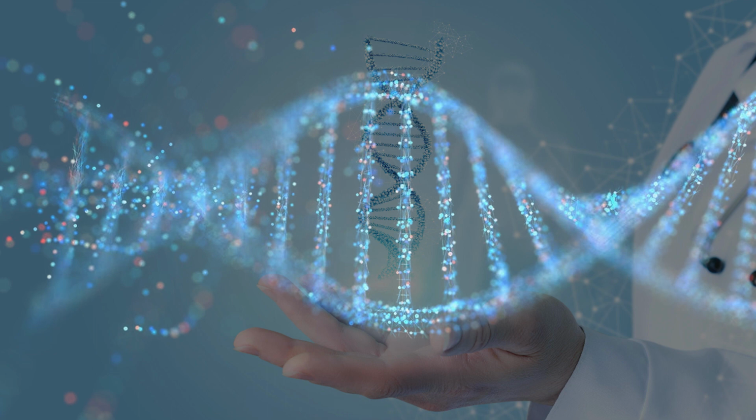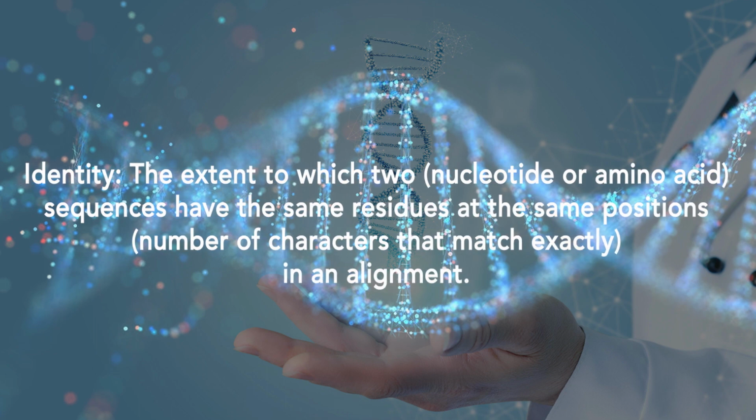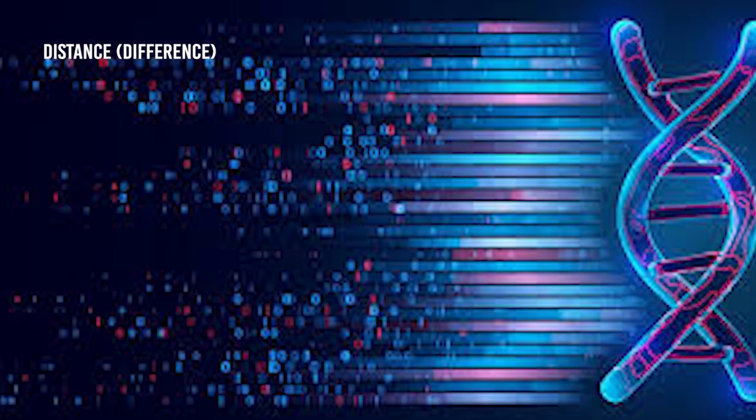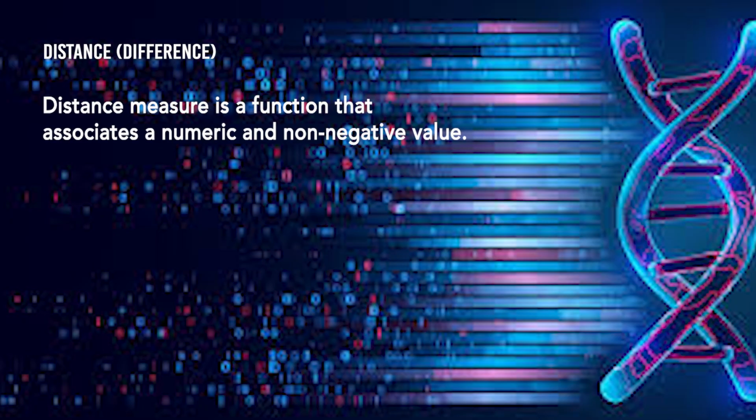The next point is identity, the extent to which two nucleotide or amino acid sequences have the same residues at the same positions. The number of characters that match exactly in an alignment is called identity. Coming again to the third point, distance. A distance measure is a function that associates a numeric, non-negative value.